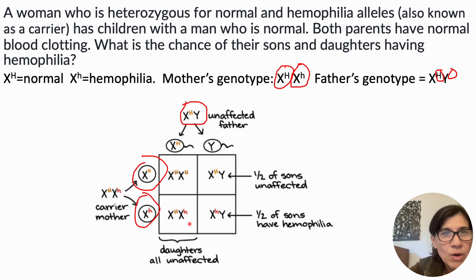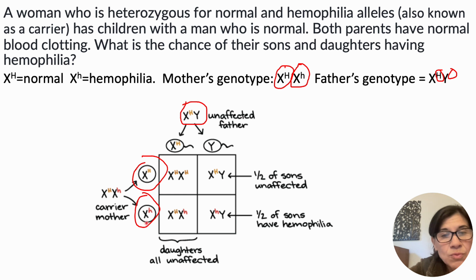So the question asks, what are the chances that their sons and daughters would have hemophilia? Daughters, all unaffected. There's no way they could have hemophilia. Now, the boys only have to inherit one recessive allele, or mutated gene, that causes hemophilia. They can't be carriers. If they have it, they have it. So let's go through the boys. This X from the mom and this Y from the dad would make a normal non-hemophiliac boy.